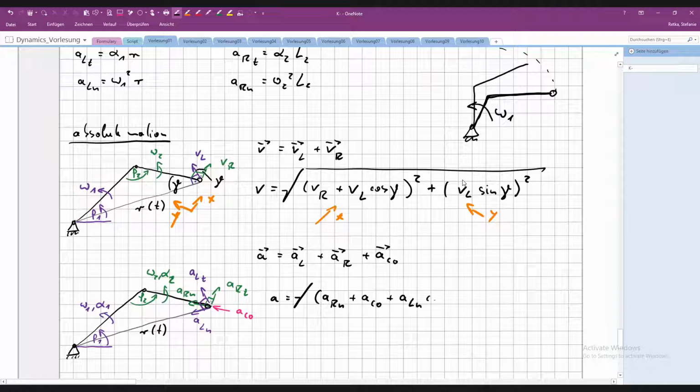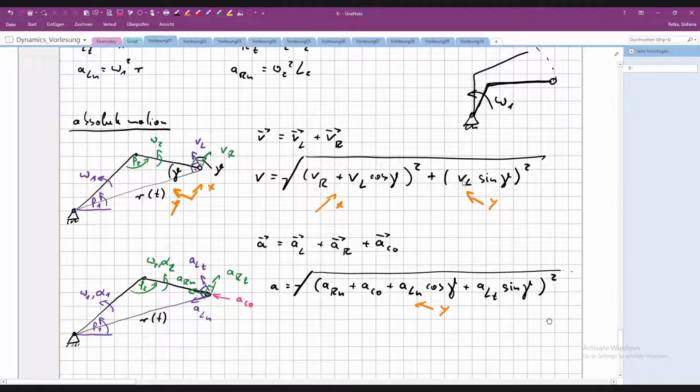ALN cosine gamma plus ALT sine gamma. Oops, I started with Y direction.